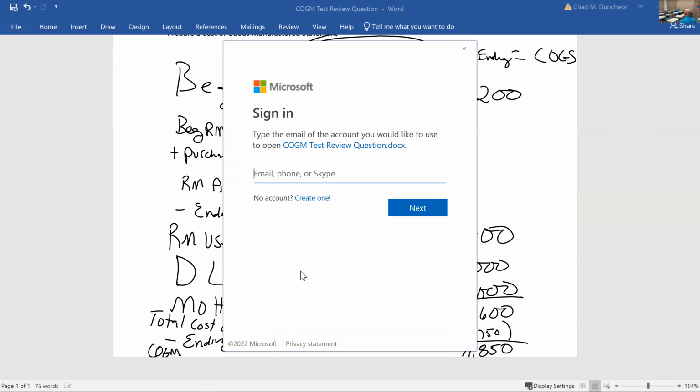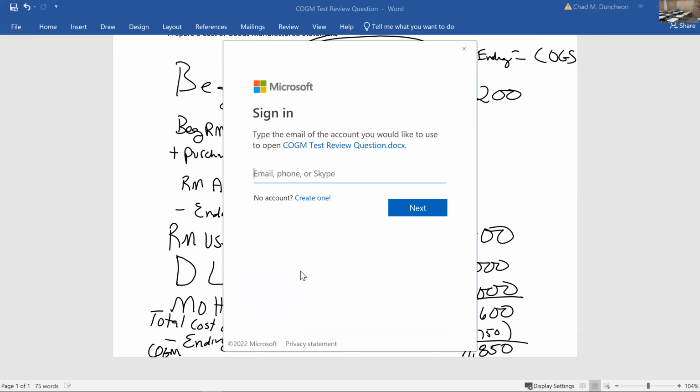This is overhead. We have some estimated amount. The MH stands for machine hours. We're going to apply our overhead based on machine hours. What is our predetermined overhead rate to apply overhead in this case? $28.67 per hour.